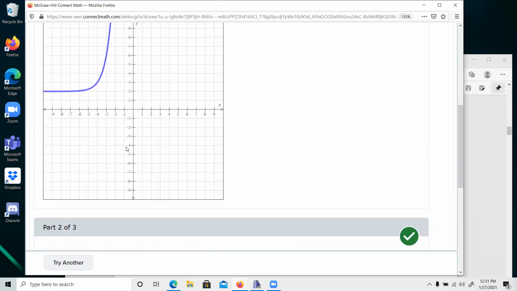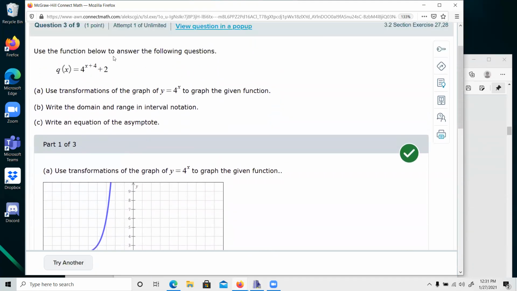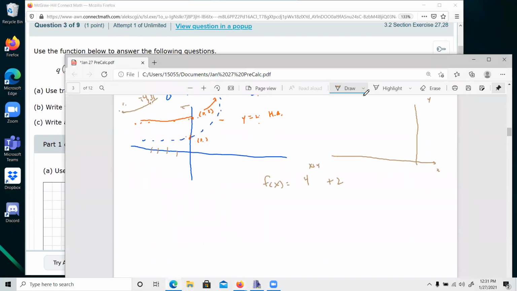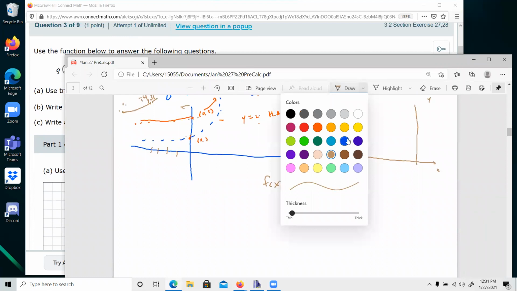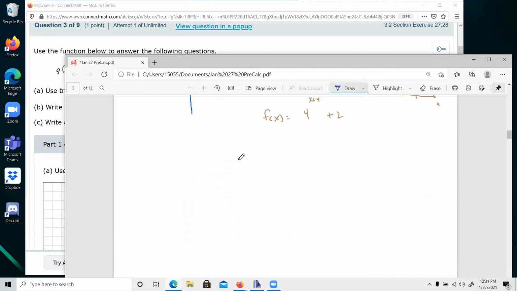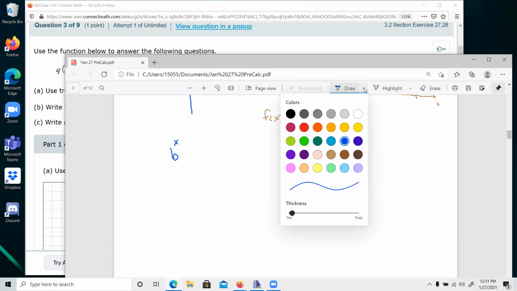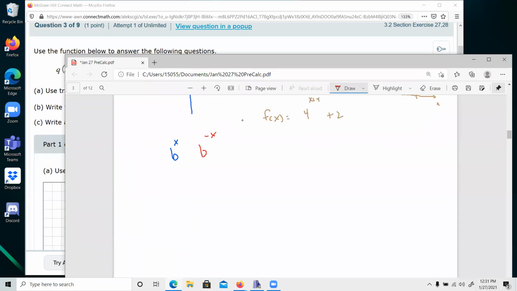All right, so just going back and remembering all of the things. The one I want you to remember more than anything else is how b to the x and b to the negative x are related. Let's do it this way: b to the x and b to the negative x. All right.